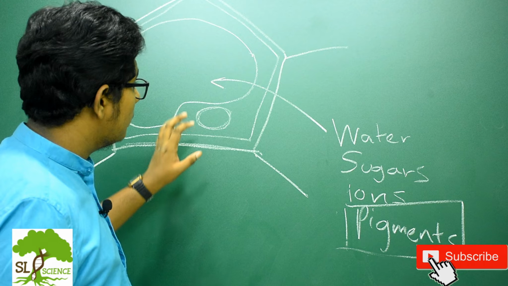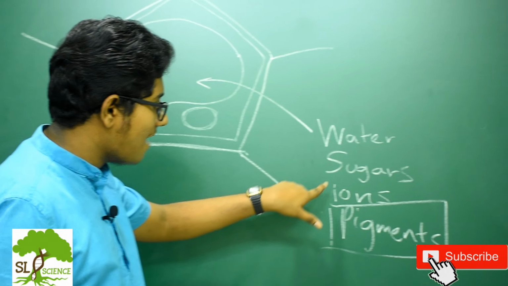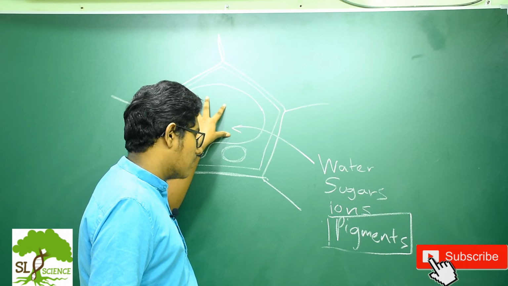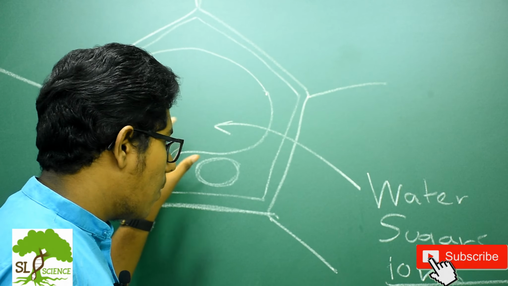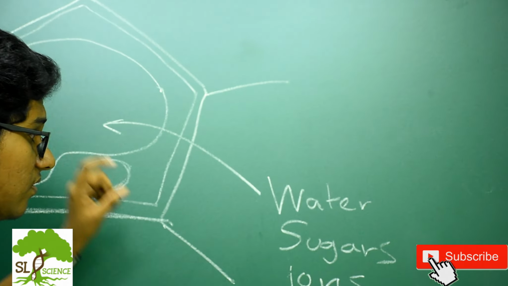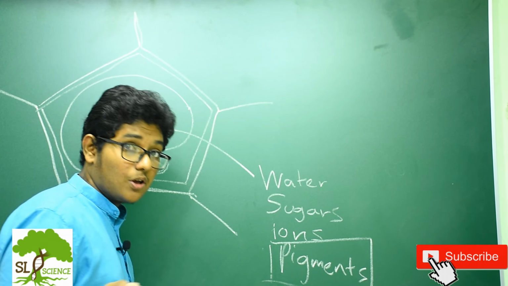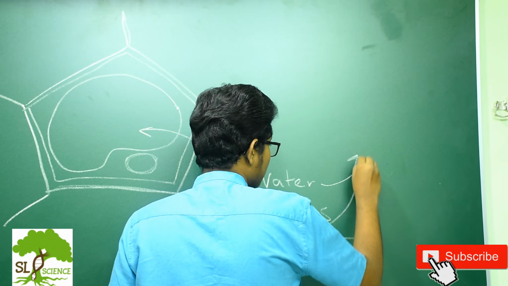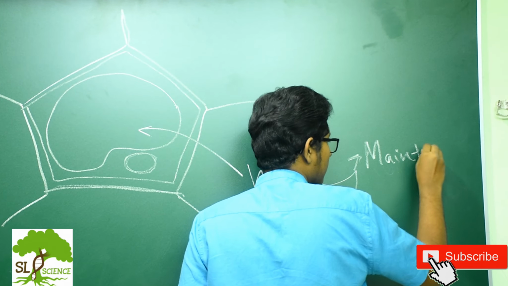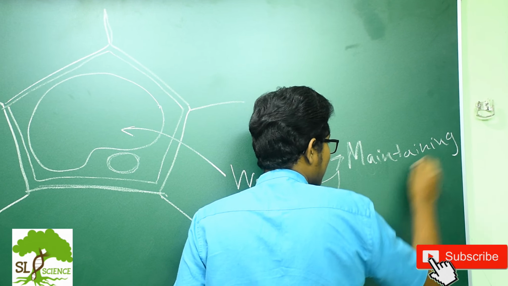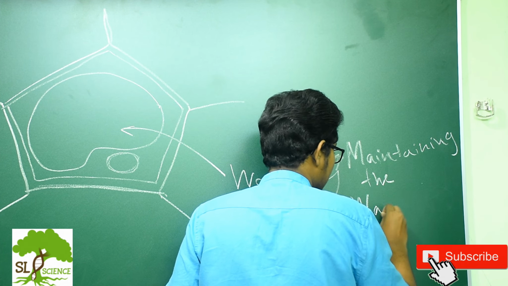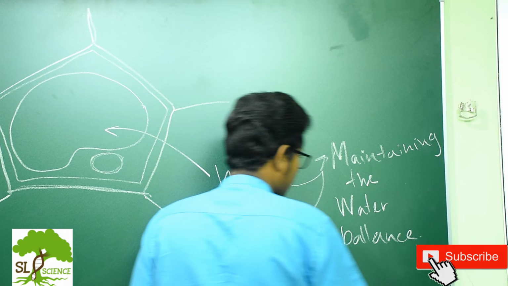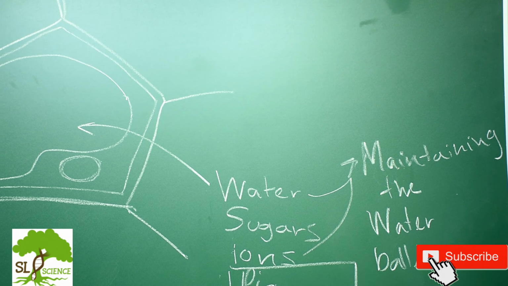Then there is water and ions inside this vacuole, and the function of this vacuole is maintaining the water balance of the cell.